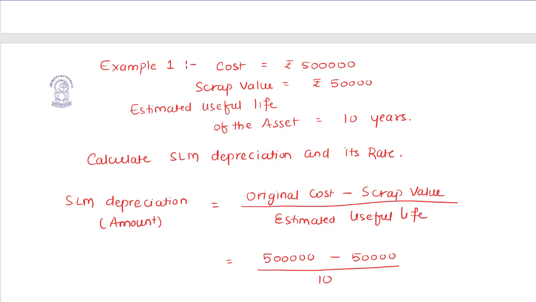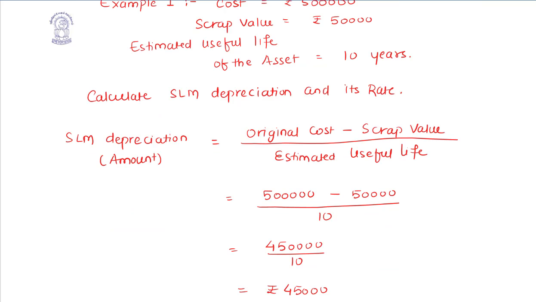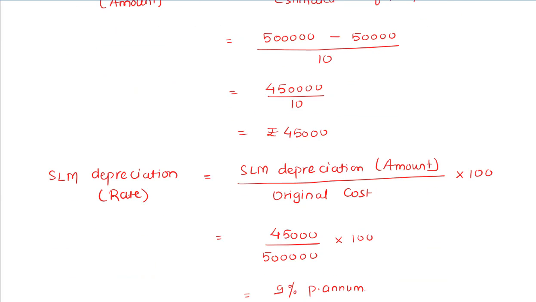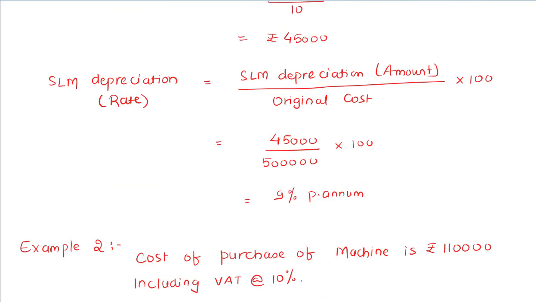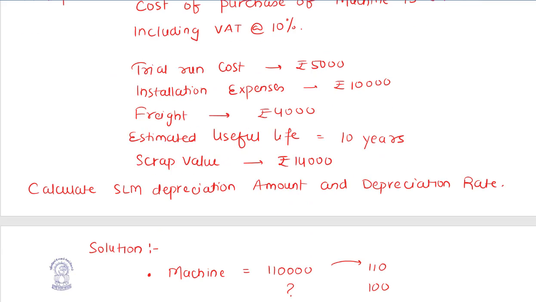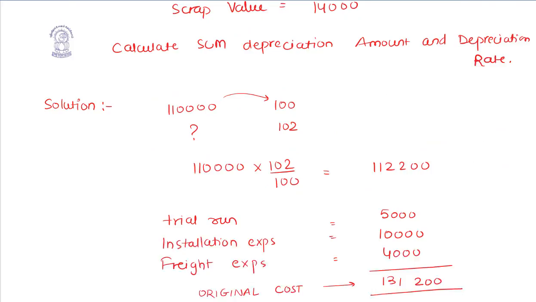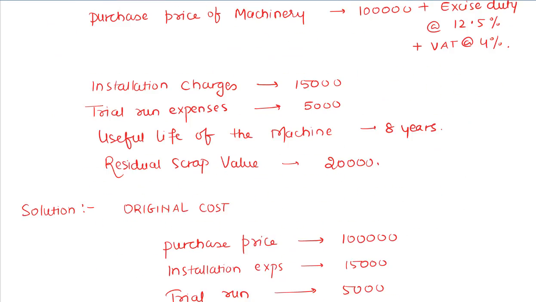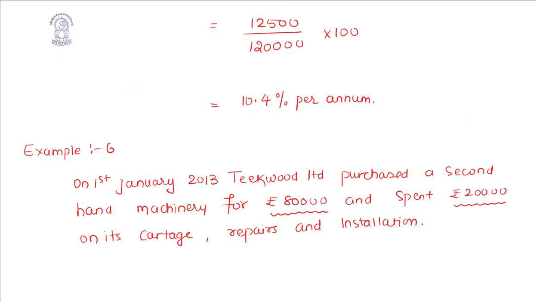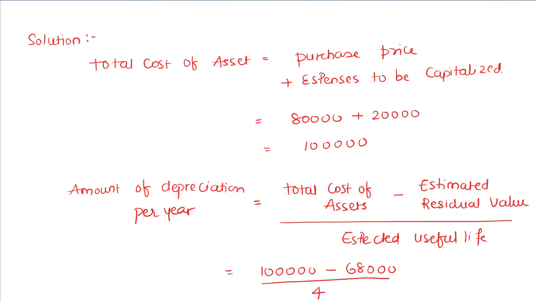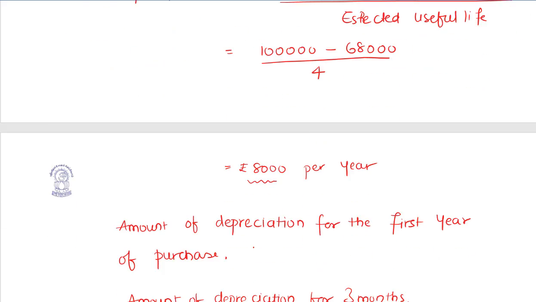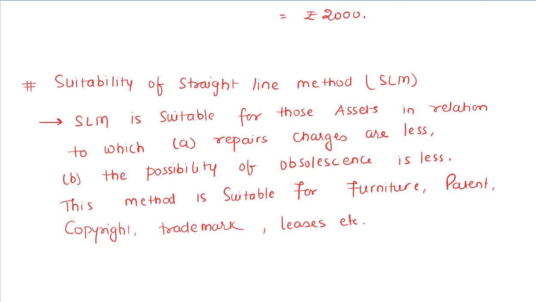We took a few notes and saw numerous examples where we changed the cost: including the excise duty, excluding the excise duty, including the VAT, and together with VAT and excise duty. After these examples, we understood the suitability of the SLM method: for furniture, patent, copyright, trademark, leases, etc., it should be used and is highly suitable.